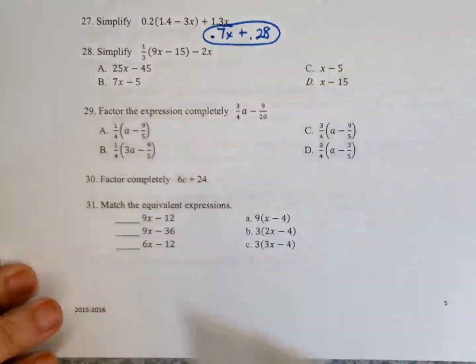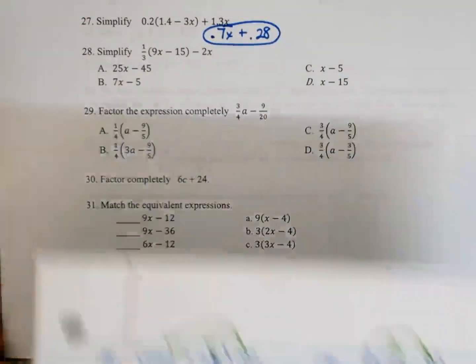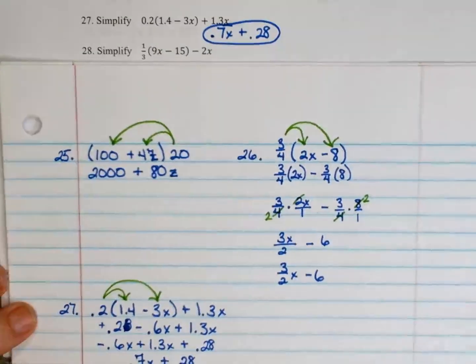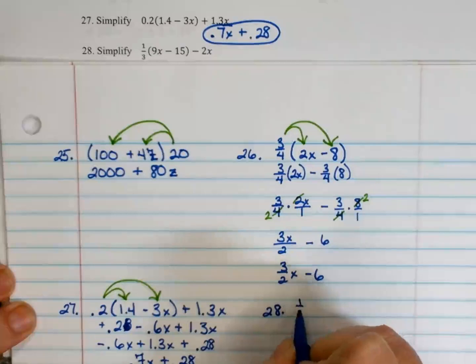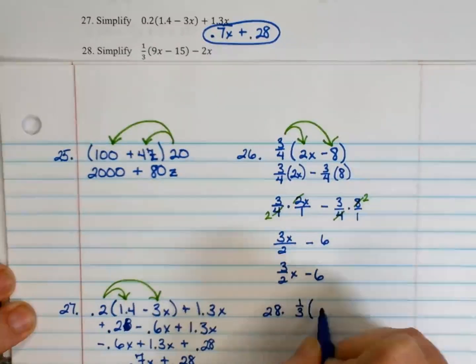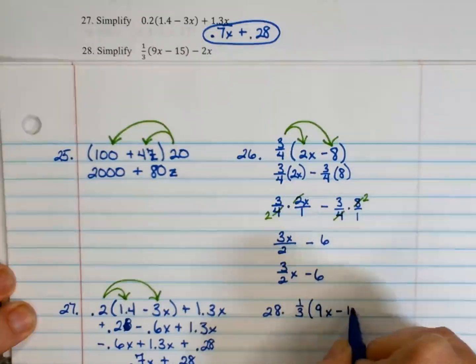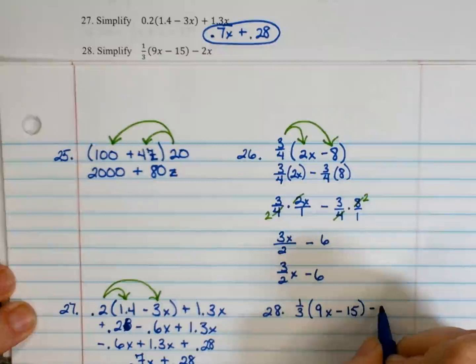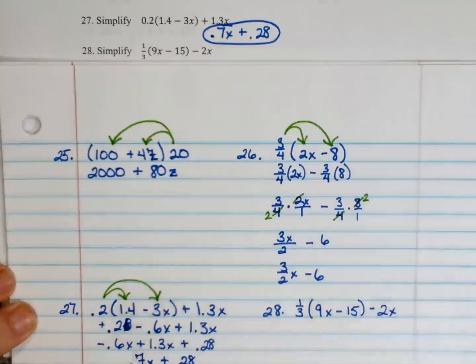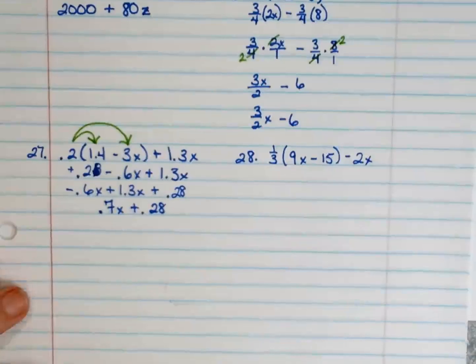All right, 28. I'm going to do number 28 right here. And this is 1/3 of 9x minus 15 minus 2x. Okay, I'm going to move this up a little bit so you can see what I'm doing.